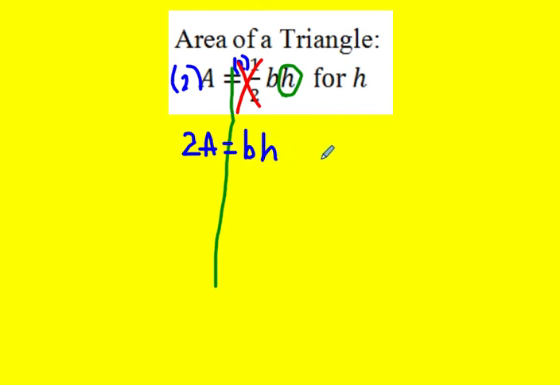So now to continue trying to get H by itself, I need to get rid of that B. The B is being multiplied right now, so to get rid of it, I need to divide by B. And if I divide there by B, I also have to divide over here by B. So these will cancel out, which means that I can say that 2a over b equals h. And that is your solution.